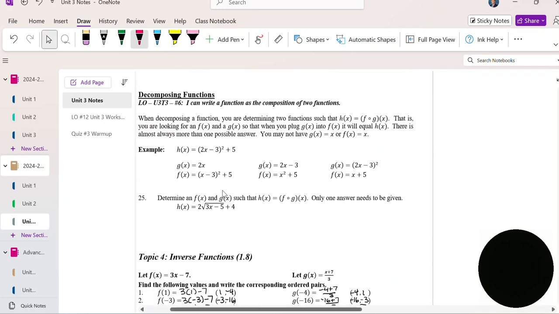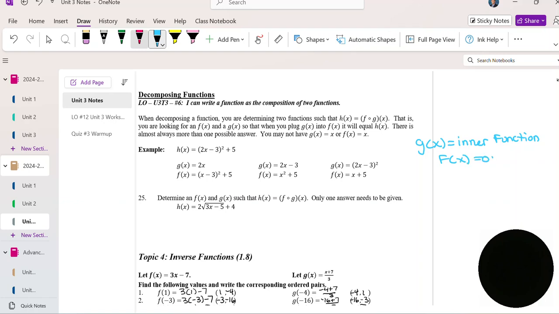So when you have two functions, h of x equals f of g of x. So the g function is the inner function. What is inside of the composition? And the f of x is the outer function.